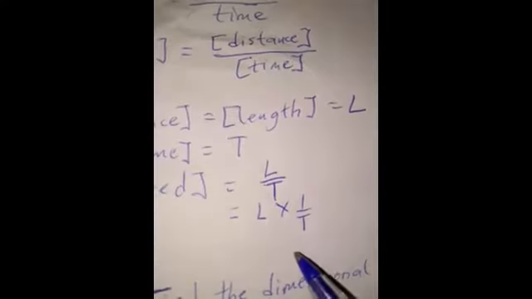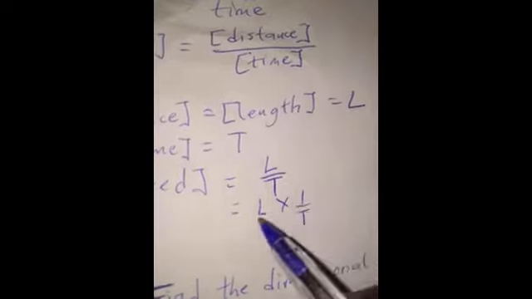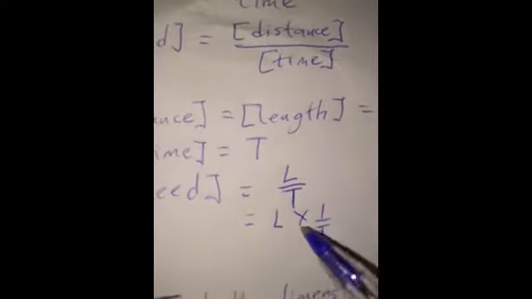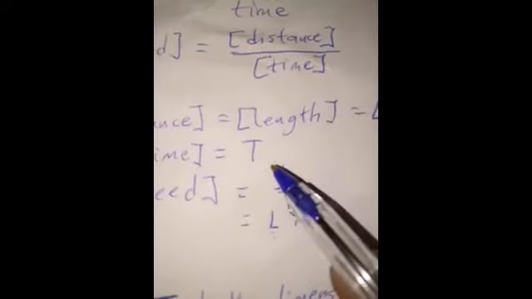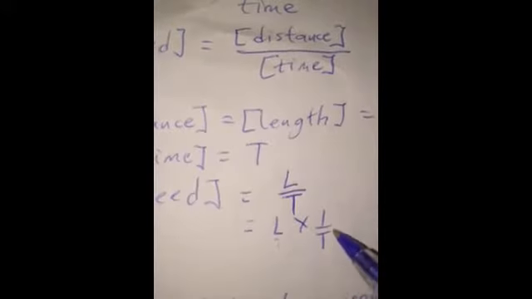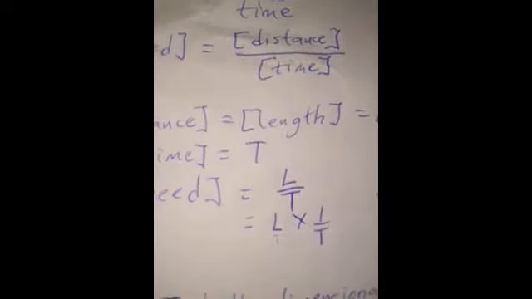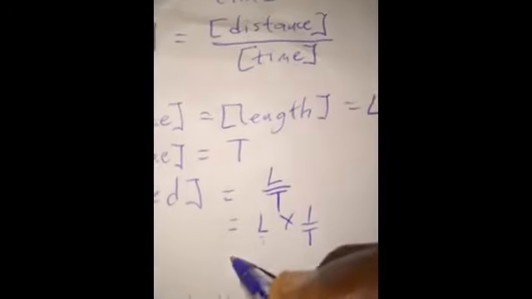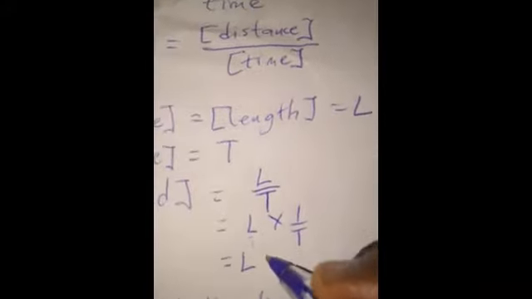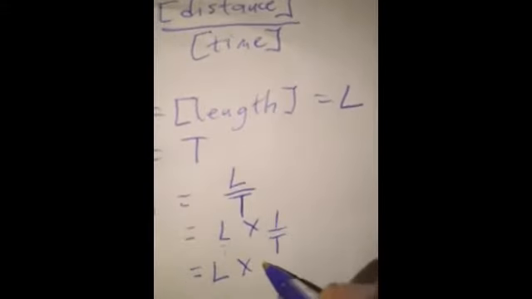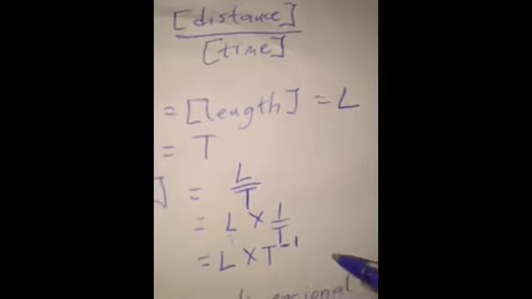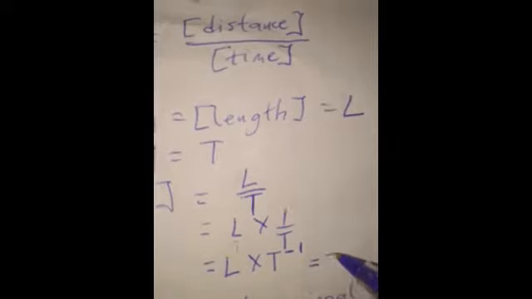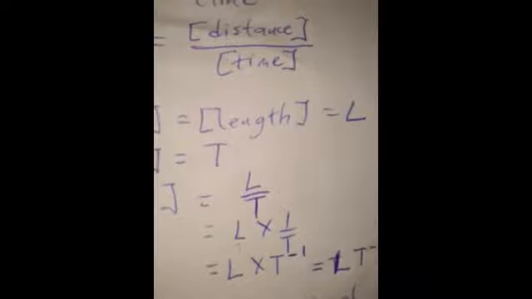When we have something like this, the numerators multiply each other, and the denominator here is over 1, so I still get the same thing. Now, this one is the inverse of T, and the inverse of T can be expressed as T to the power minus 1. So I get L times T to the power minus 1, which is equal to LT minus 1.